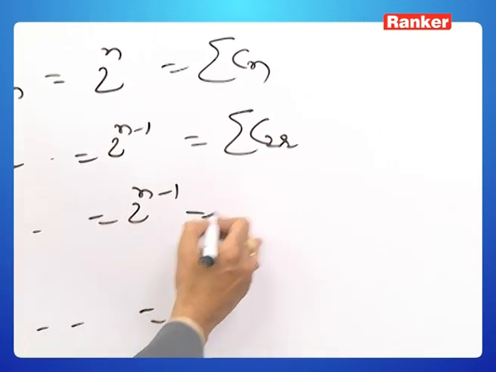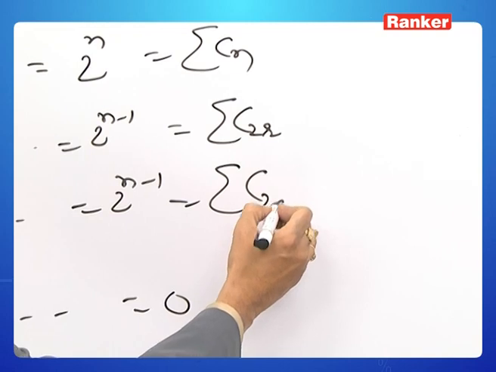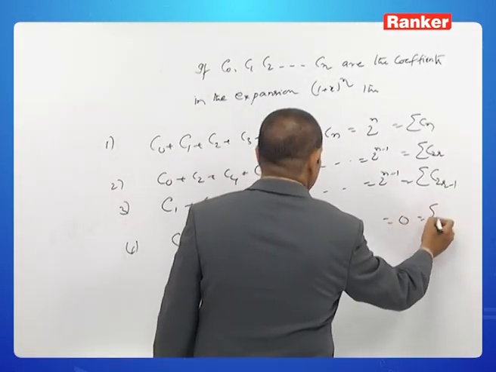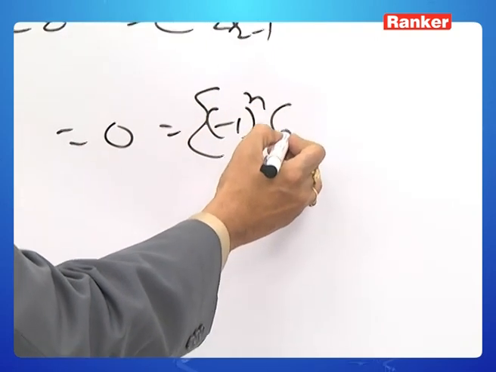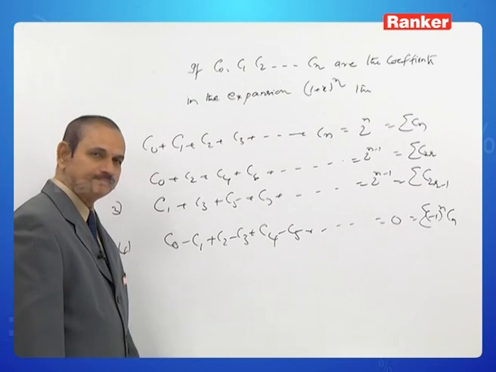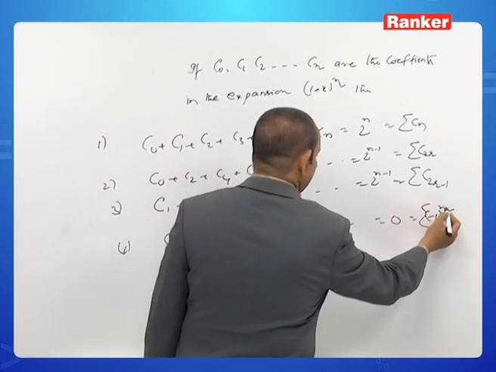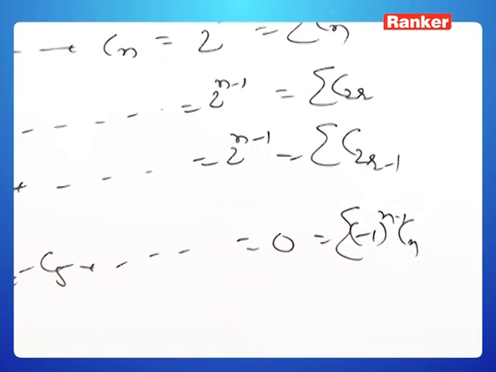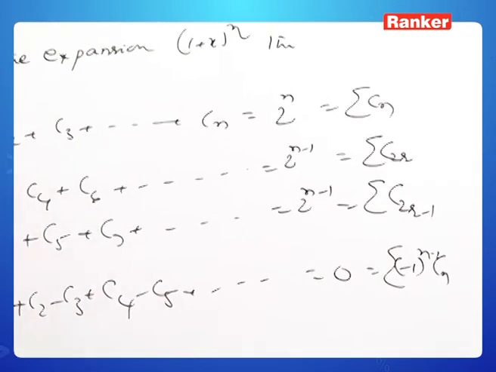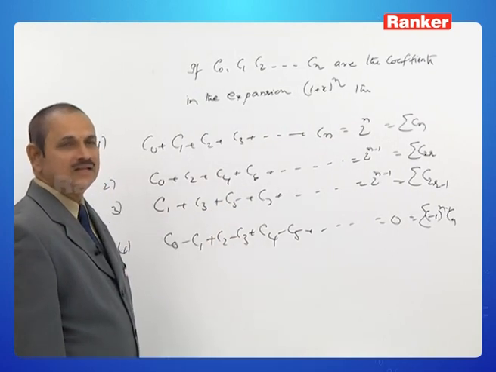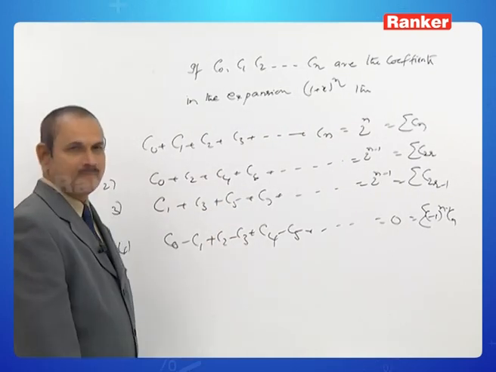This can of course be sigma C2r minus 1. This can be sigma (minus 1) whole power n into Cn, which is again 0 for even n, or 2 power n minus 1. Both are correct, of course. These are the fundamental properties. Beyond these, there are so many others. Let us now look at those properties.